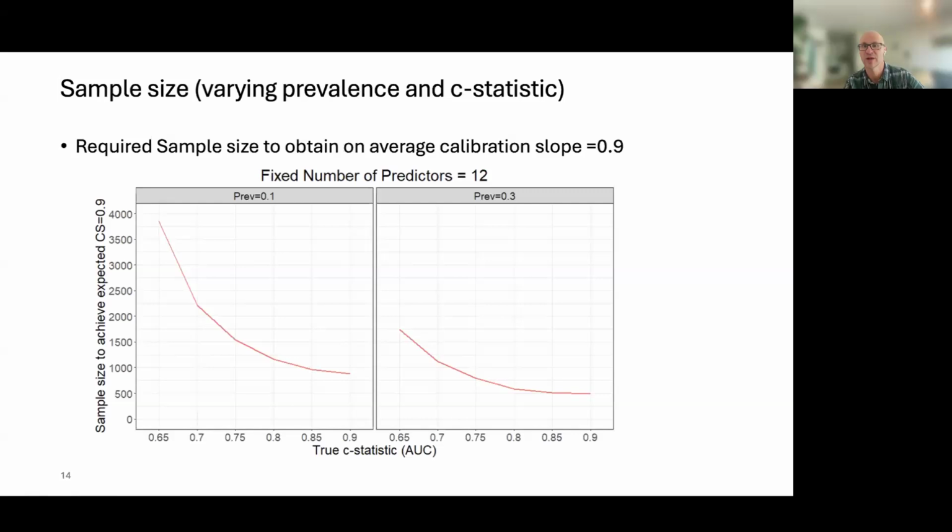On the panel on the right, you can see that the line has squashed towards smaller values, and that's because I have more events, and as Max said, unfortunately, it's the events that have the information in.